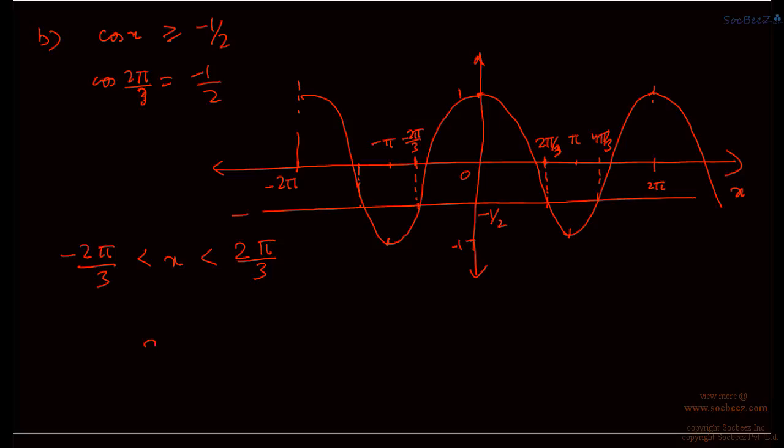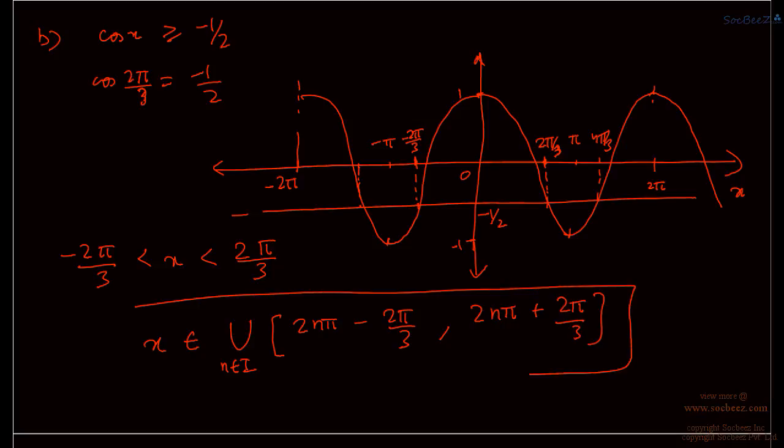Or in other terms, x belongs to the union set. Now here we see that instead of the normal brackets, we write square brackets. Square brackets indicate that the endpoints are included. So 2n pi minus 2 pi by 3 to 2n pi plus 2 pi by 3.